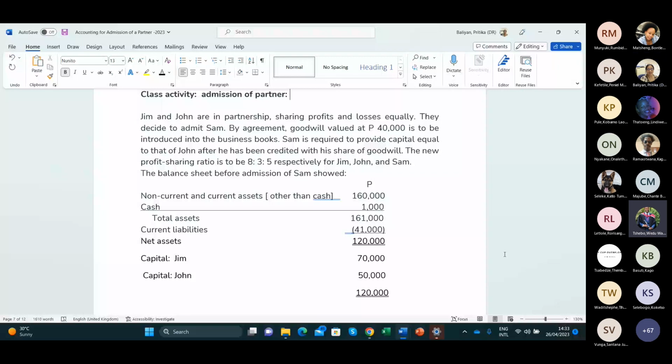So calculating the capital, we don't use the profit sharing ratios. No, capital is never shared in a profit sharing ratio. The profit sharing ratio is only to share the profit or the goodwill, but not the capital.